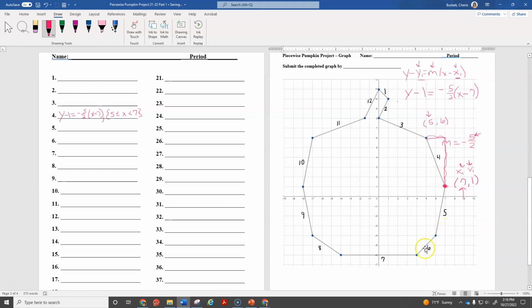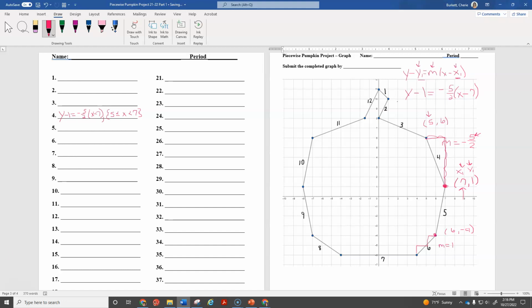I'll go ahead and do 6 with you, just because 6 has negative numbers and I want you to see that. So real quick, the slope of number 6 is 1. Rise 1, run 1. Okay, so the slope is a positive 1. I'm going to use either endpoint, it doesn't matter. That endpoint is (6, -4).